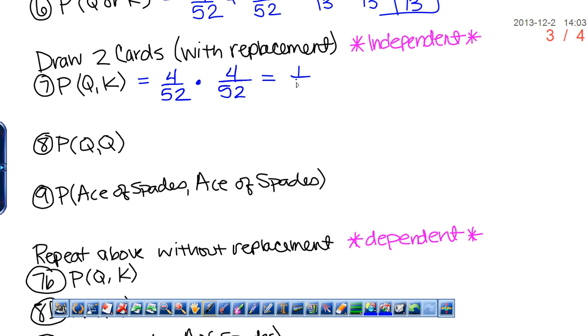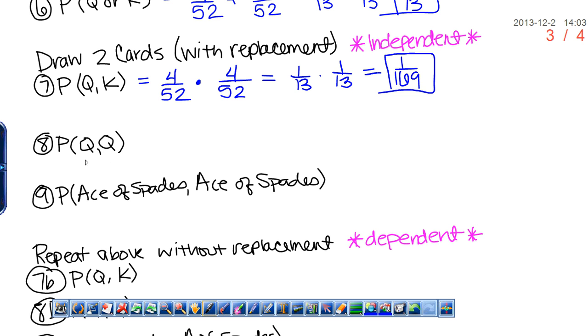All right, well, this is 1/13 times 1/13, which gives us 1 out of 169. This is the probability of drawing a queen, and then putting cards back, shuffling it up, and drawing a king.